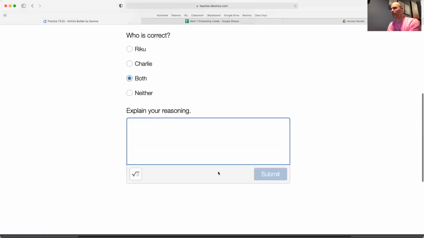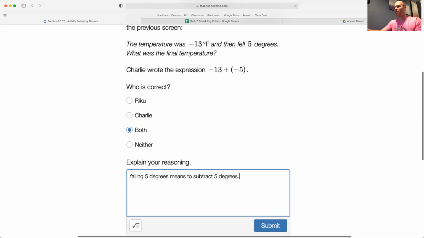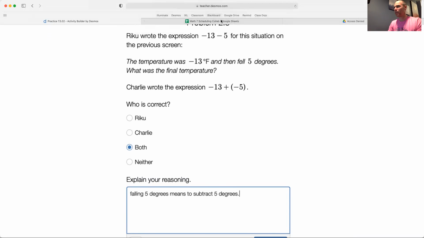And for my reasoning, I would say that falling 5 degrees means to subtract 5 degrees. That's the first expression, right? That's why this one up here works.